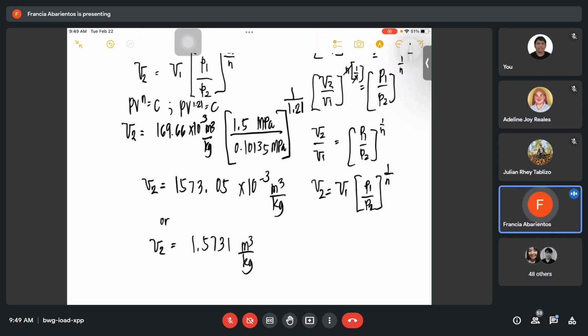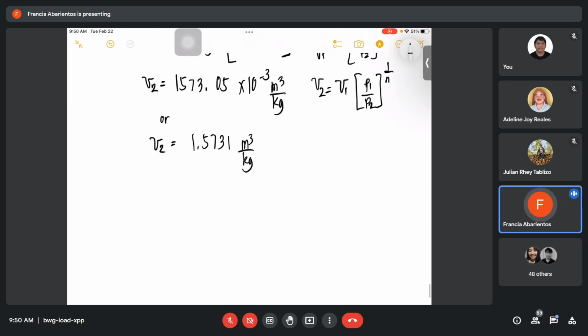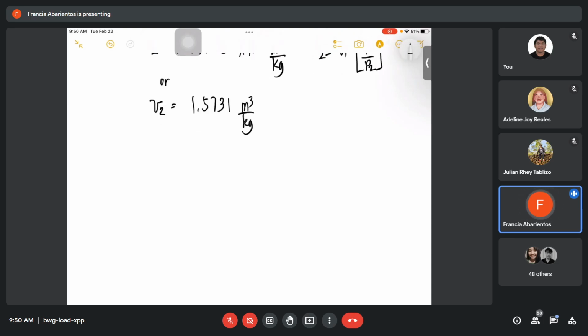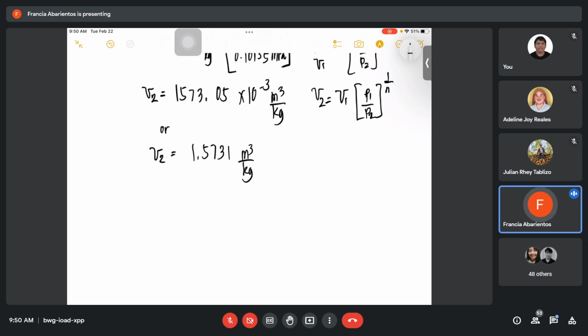Ayan. So, finding that, meron ka ng basehan para sa state 2 and stated sa process, it expands 2 kilogram into the wet region to 100 degrees Celsius in a polytropic process. So, kukunin natin yung state points. Finding the quality at point 2. So, we have the VF2 plus the quality at point 2 times the VFG2.